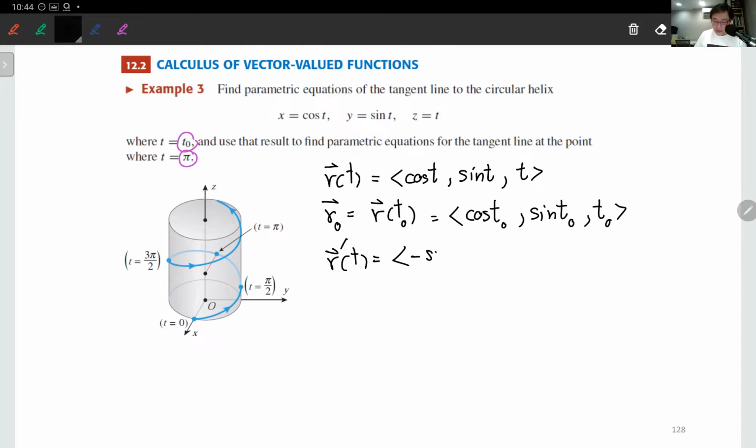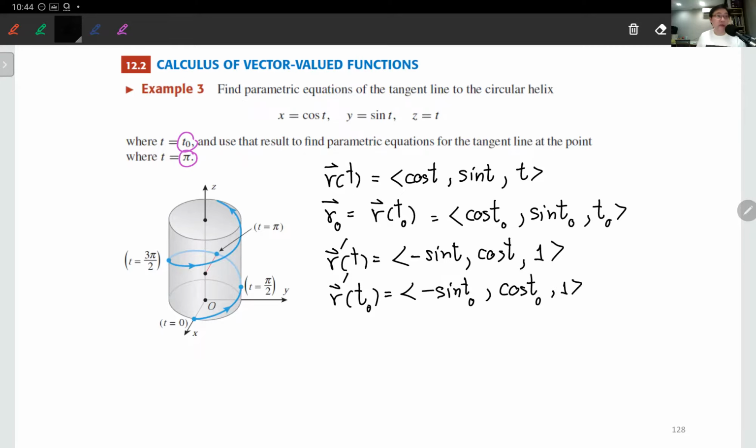Derivative of cosine, you get negative sine. Derivative of sine, you get cosine. Derivative of t, you get 1. Now you want to evaluate at the exact same point, so I want r prime at t naught as well. All you need to do is substitute t with t naught. So you get negative sine t naught, cosine t naught, and 1.